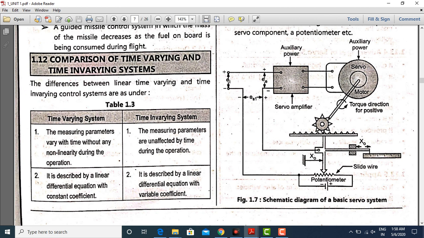In case of time invariant system, the measuring parameters are unaffected by the time during the operation. Means the parameters are independent of the time. Second, a time invariant system is described by the linear differential equation with the constant coefficient. A time varying system is described by the linear differential equation with variable coefficient.